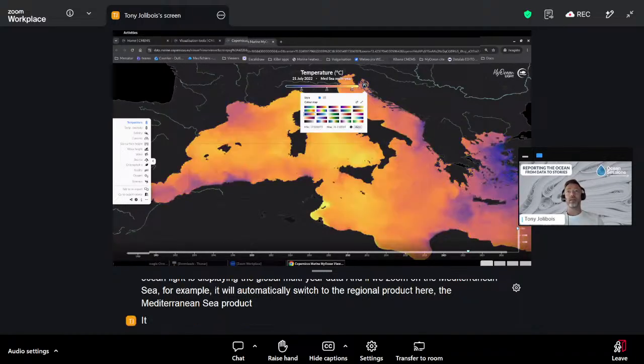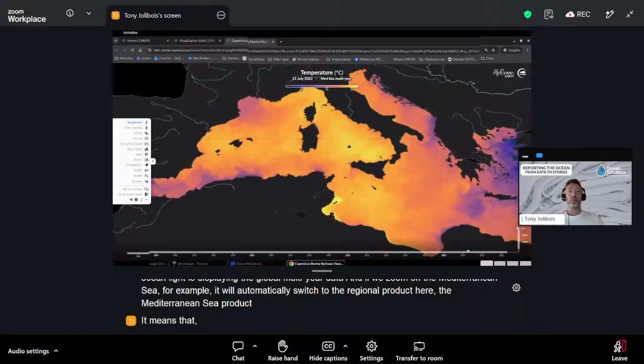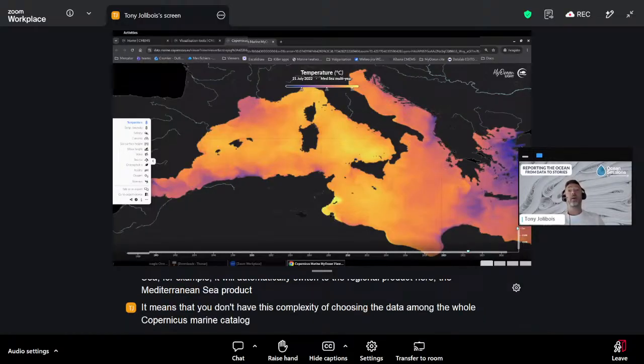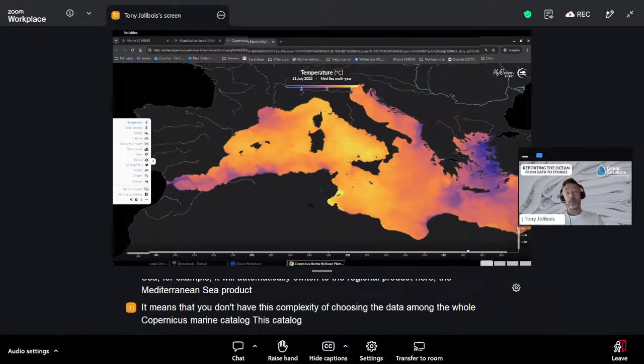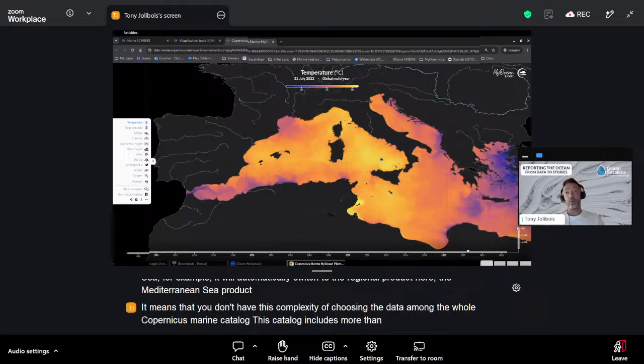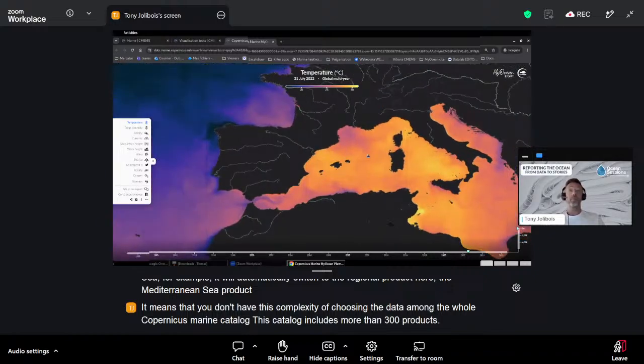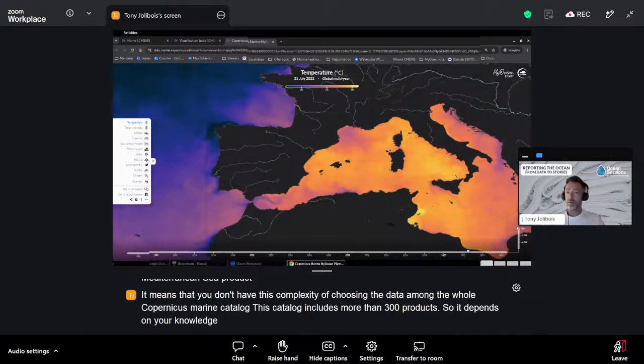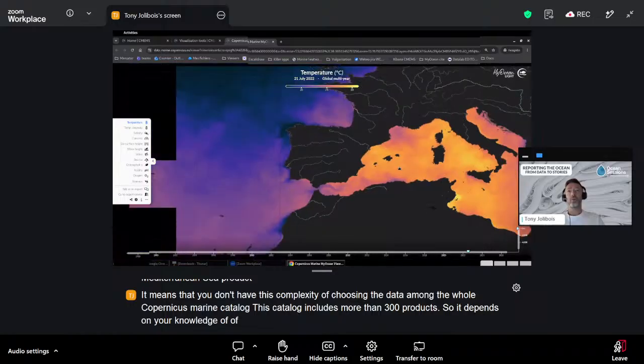It means that you don't have this complexity of choosing the data among the whole Copernicus Marine catalog. This catalog includes more than 300 products. So it depends on your knowledge of oceanography and data.